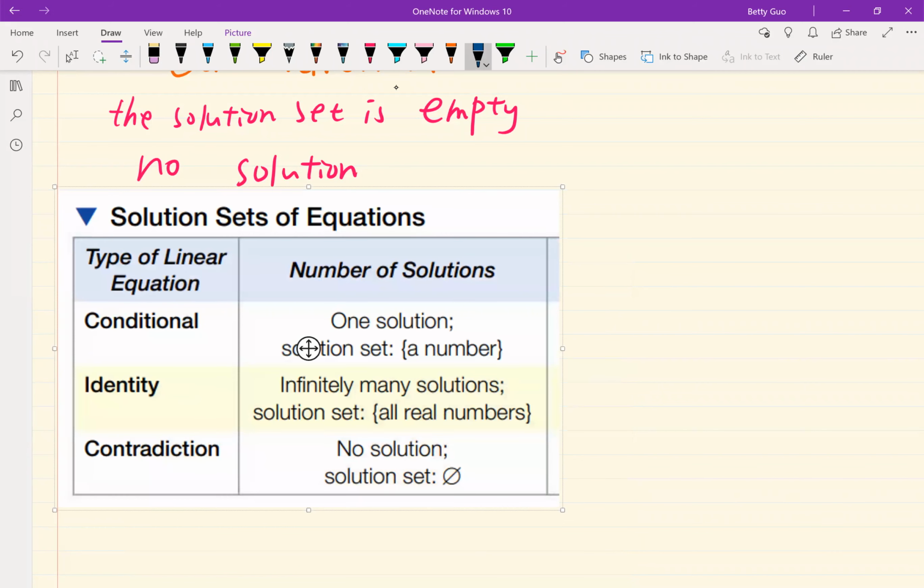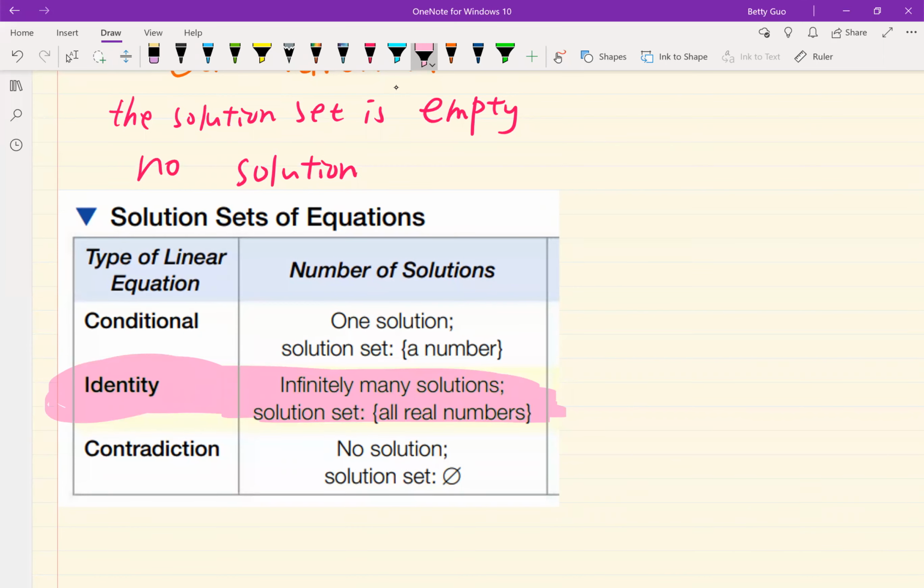They are conditional, identity, contradiction. We know what is identity, right? You get a true statement, which means that no matter what x equals, it is always true. So that's identity. Identity has infinitely many solutions. The solution set is the real number set, all the real numbers.